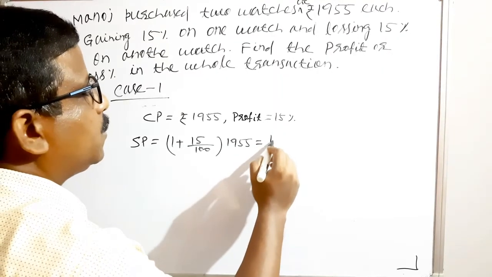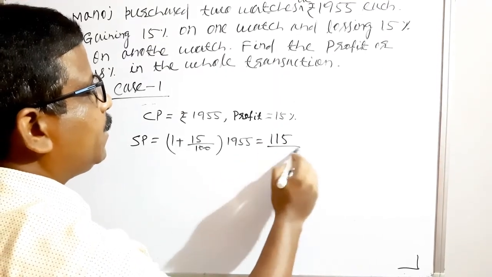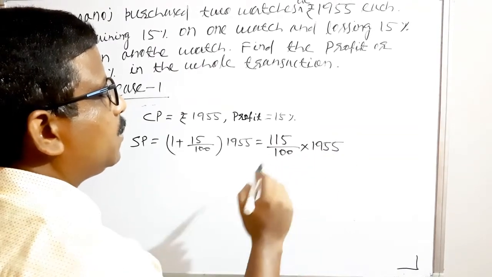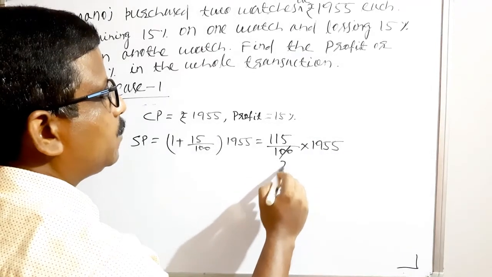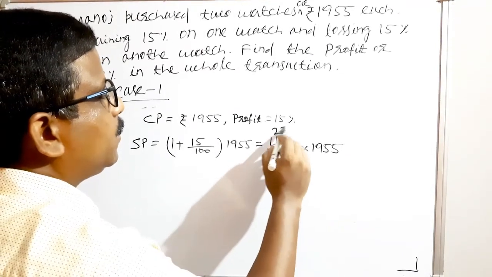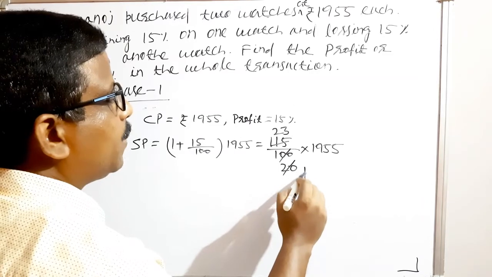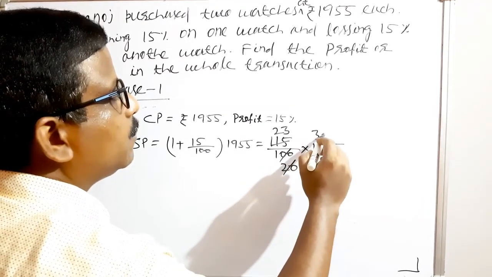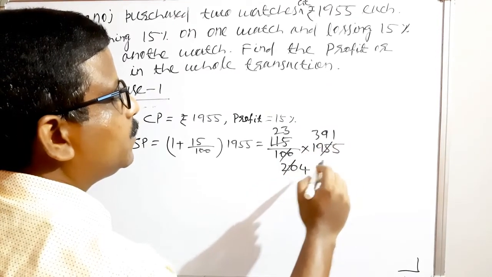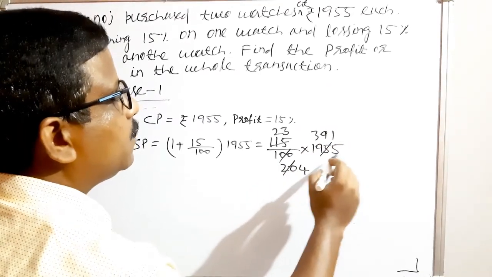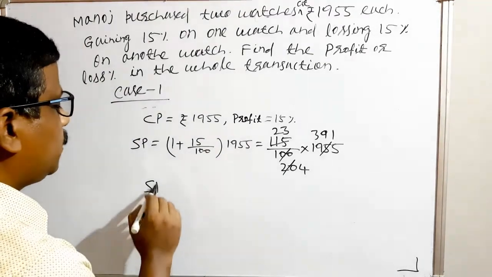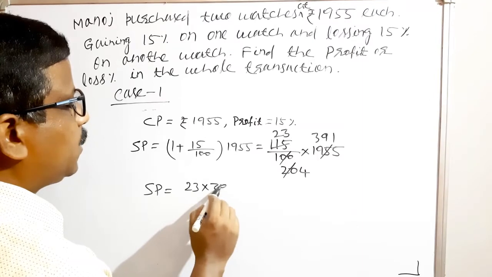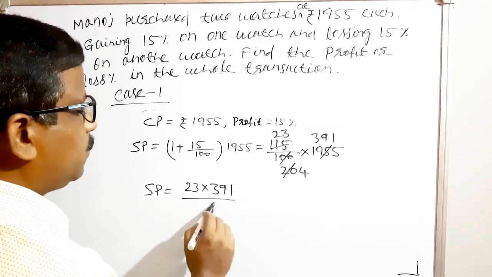So here 115 by 100 into 1955. It will cancel with 5, 20, 23, again cancel with 5, 4, 391, no more it will cancel. So here you write SP is equal to 23 into 391 by 4.